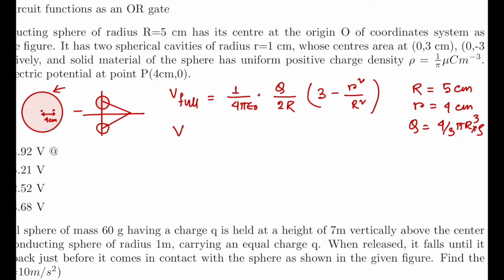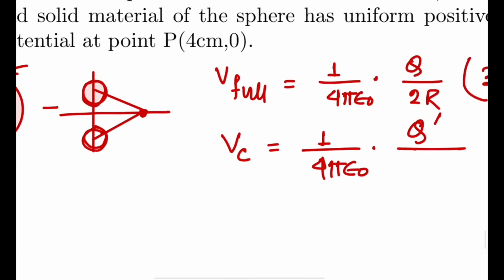let's denote the potential due to these two spheres as Vc, which is 1 by 4 pi epsilon naught q prime divided by this distance.